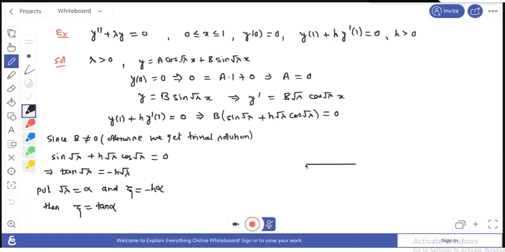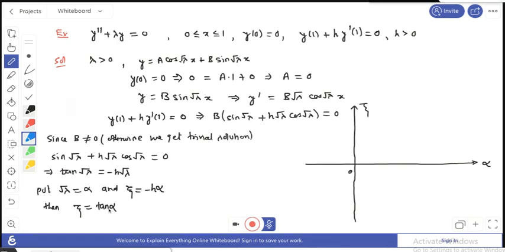Suppose this is your alpha axis, and tan alpha equals xi on the other axis.